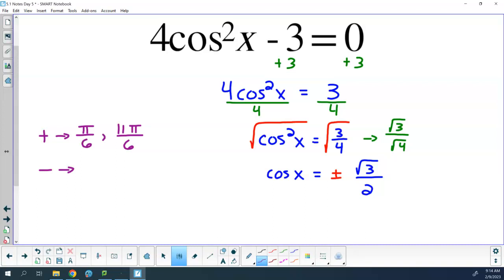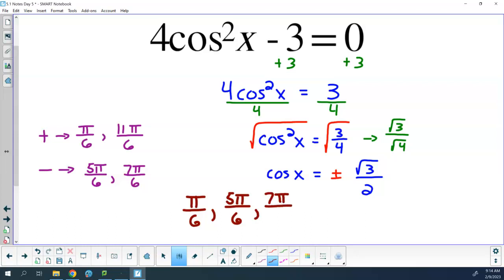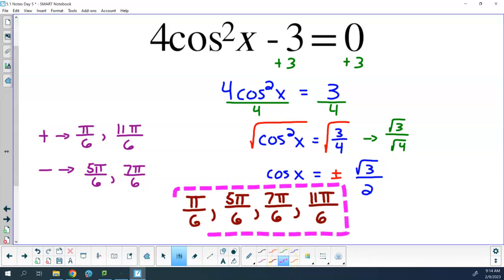Anybody? So all 4 of those then become the solution. Ideally, you would write them in numerical type order, but if not, that's fine. Questions, comments, concerns, clarifications?